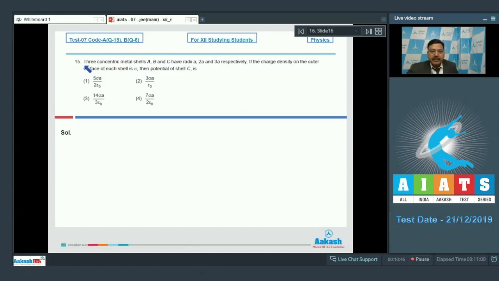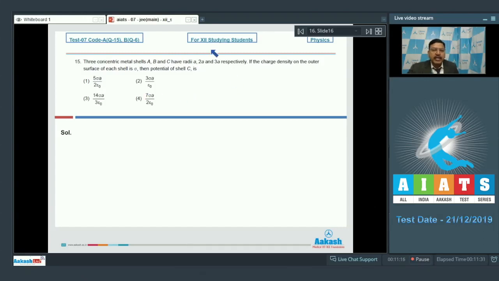Question 15 says, 3 concentric metal shells A, B and C have radii A, 2A and 3A respectively. If the charge density on the outer surface of each shell is sigma, then potential of shell C is. Well, the question is clearly from the topic of electrostatics, where potential is also involved, and the properties of conductors are also involved.